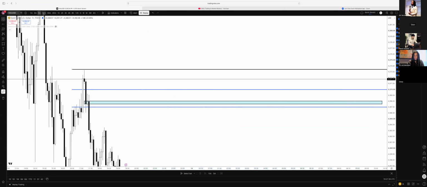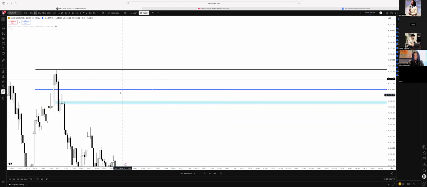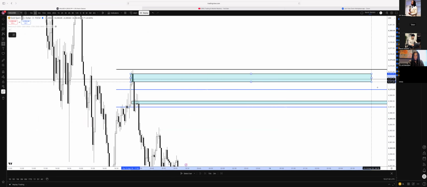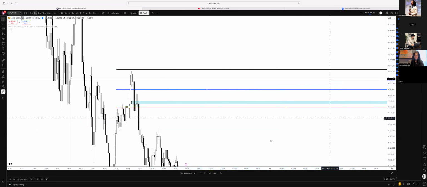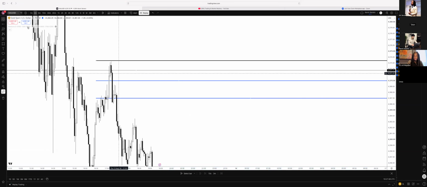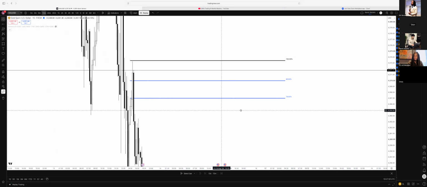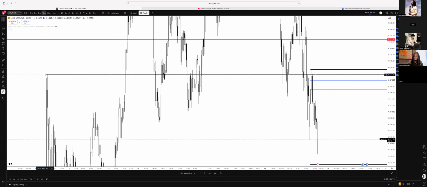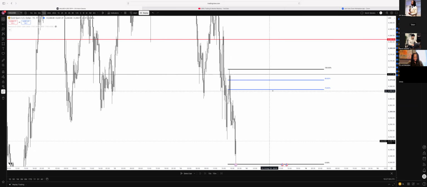But when we look above on the 3 minute time frame, there's a better order block up here, right? So I believe we can look for a sell. So we're gonna try and catch a sell, guys.